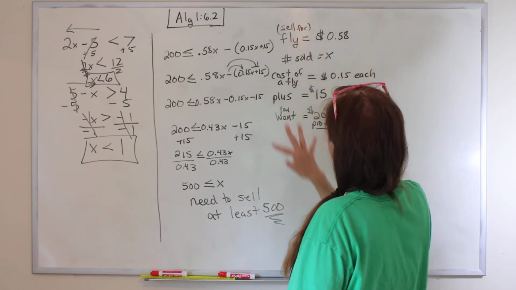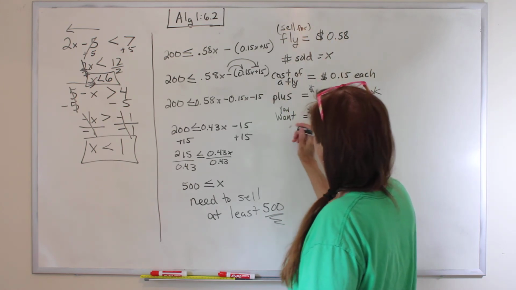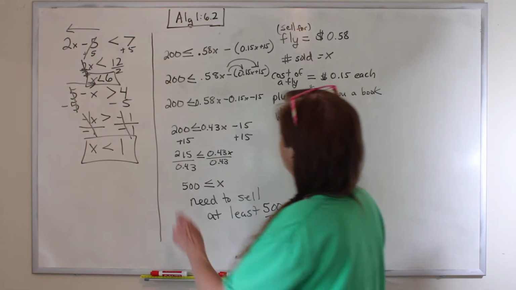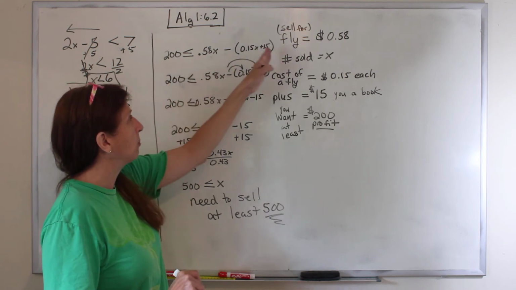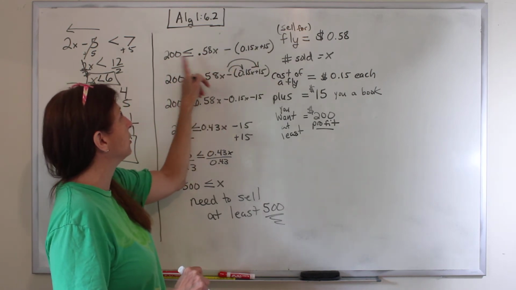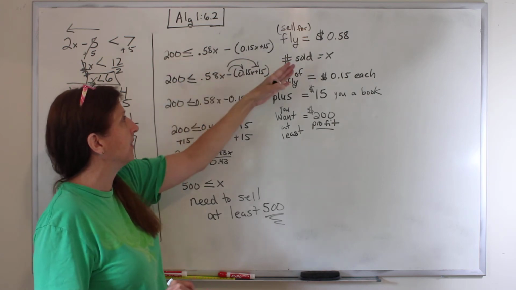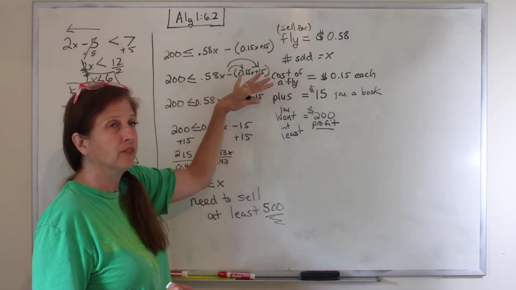So that's our situation. And you want at least $200 profit. Okay? So we want our profit to be bigger than 200. So 200 is less than or equal to this other stuff, and that's our profit and cost here that we're going to figure out.